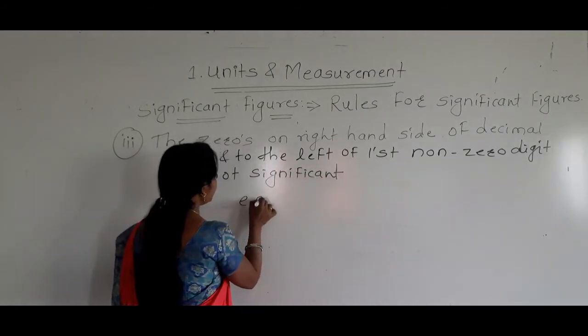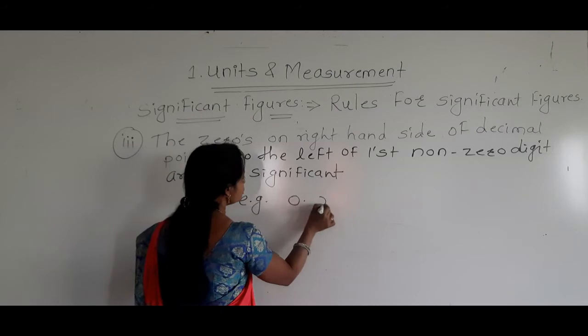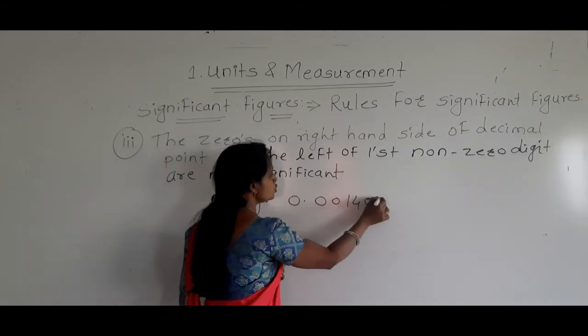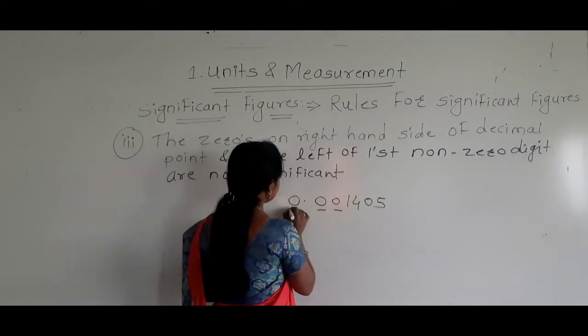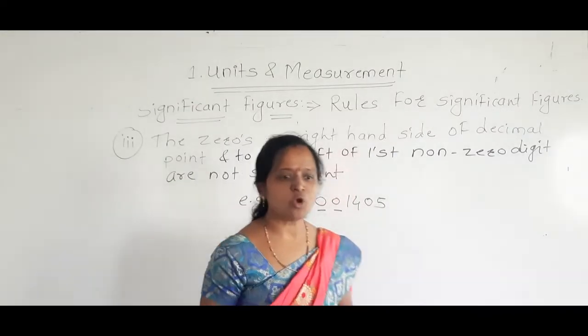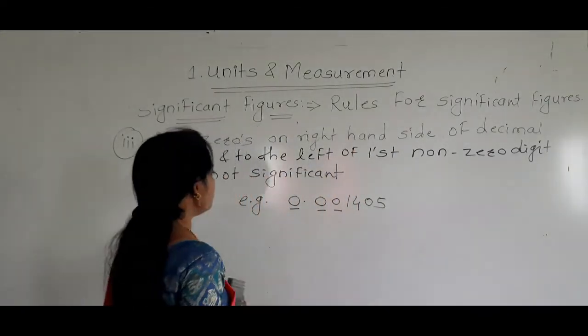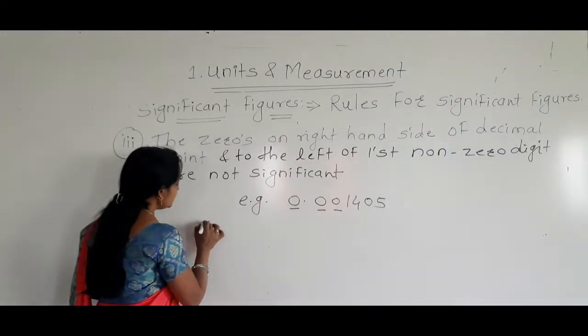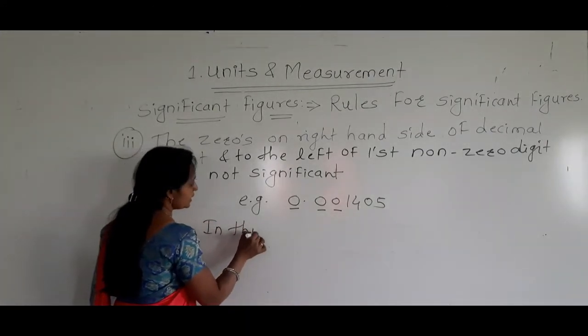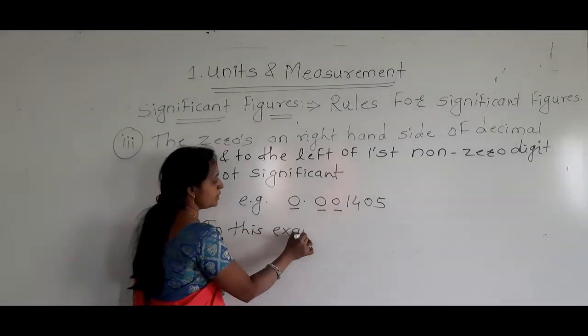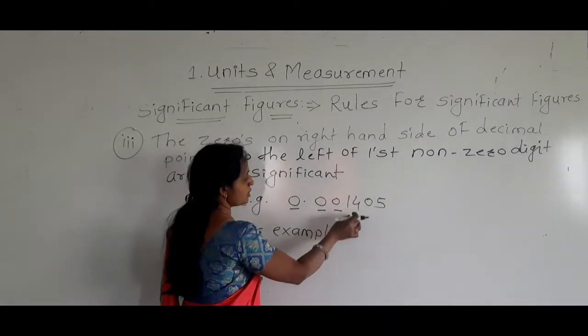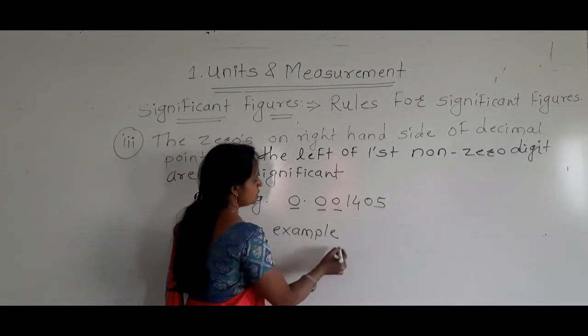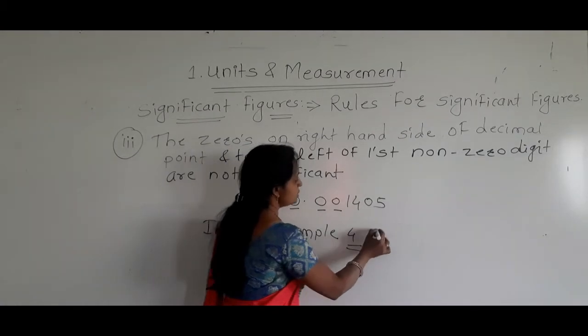For example, let us consider 0.001405. The underlined zeros are not significant. Therefore, in this example, we count 1, 2, 3, 4. There are 4 significant figures.